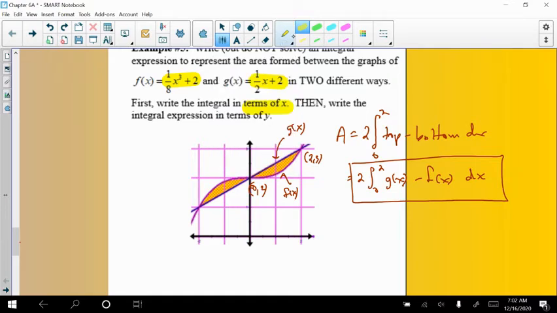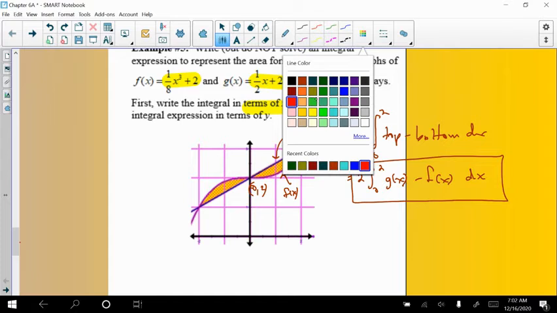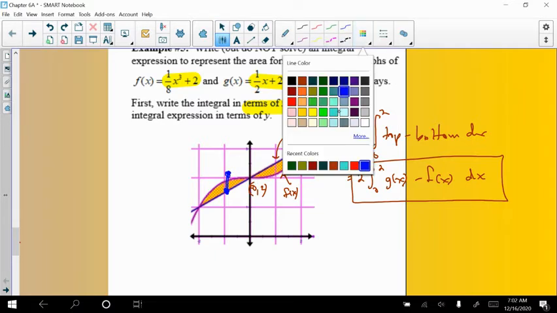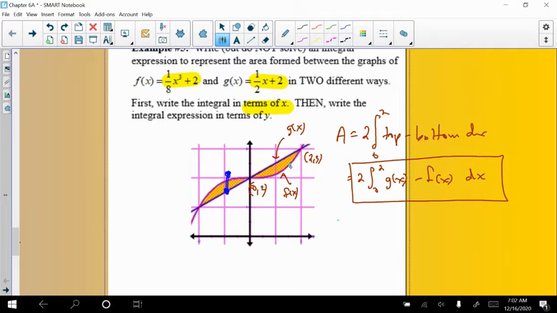I kind of like this because if you think about drawing, I guess we'll go maybe that blue, drawing top to bottom, you're always going to be bound in both regions, both this side and this side, between two separate curves. But guess what? If you went right minus left, you also would have been bound between the two curves.